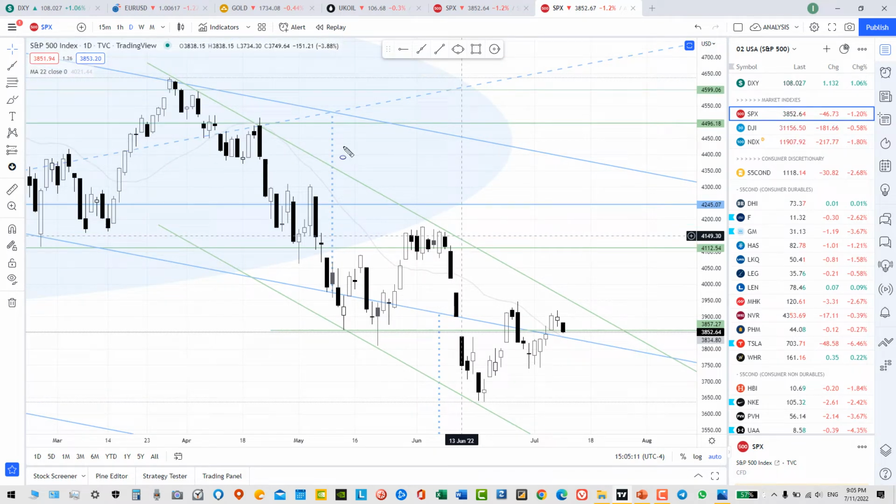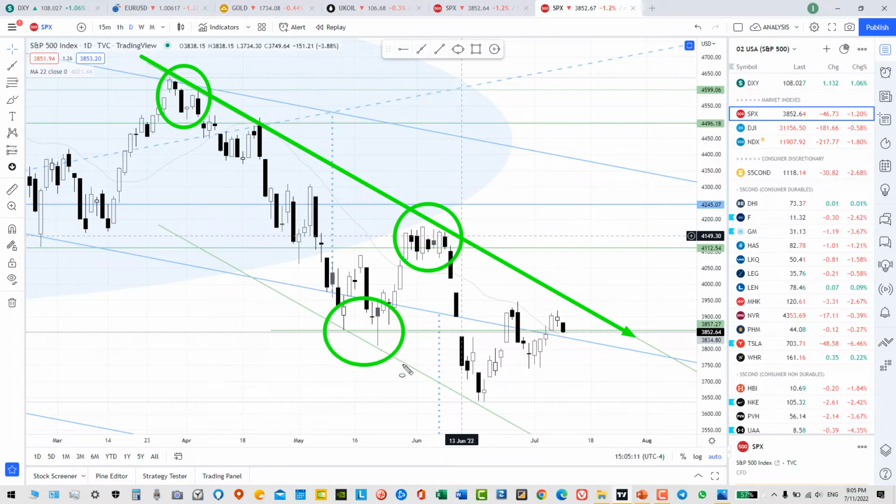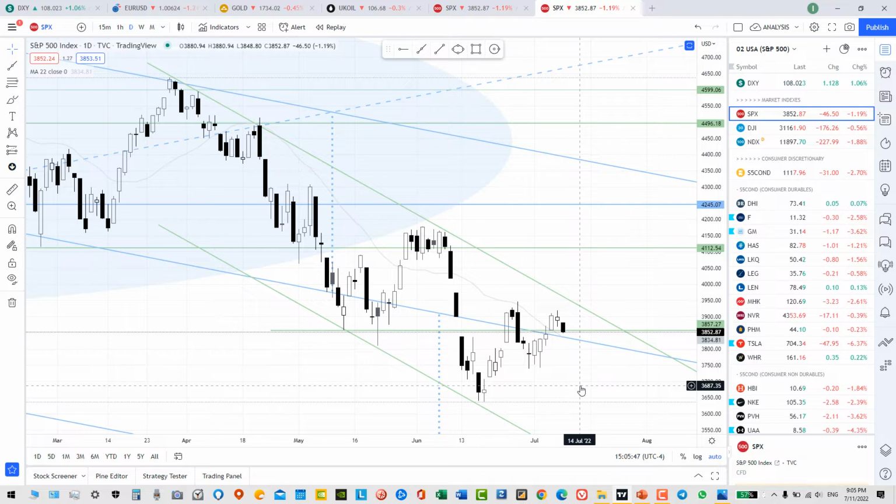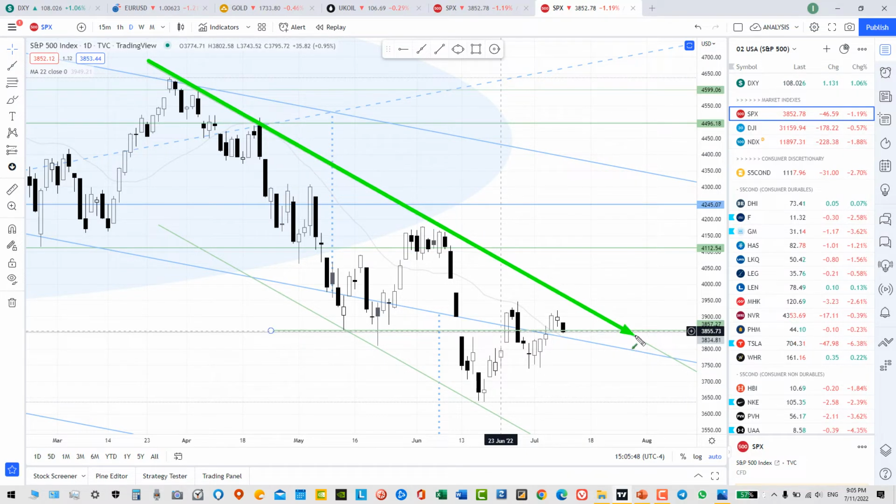We can see that there is much more bearishness over the short term, over the daily chart. For the final maybe 2 or 3 months, we are having a downtrend, and this downtrend is valid until now.